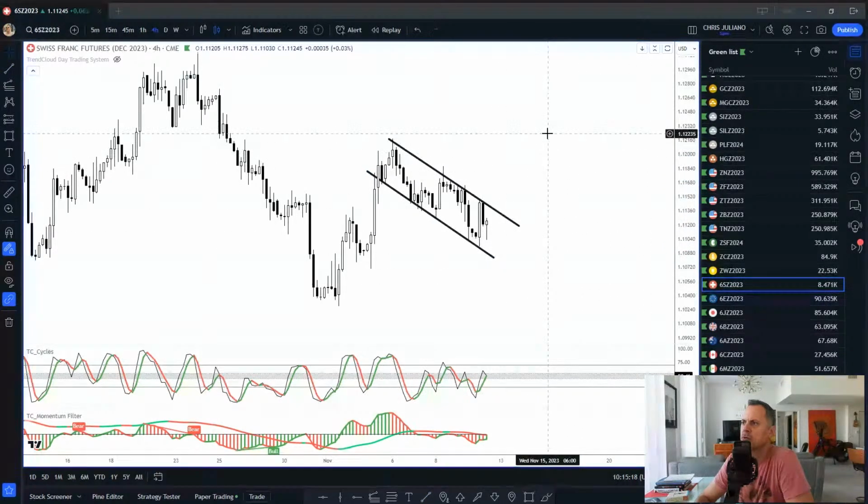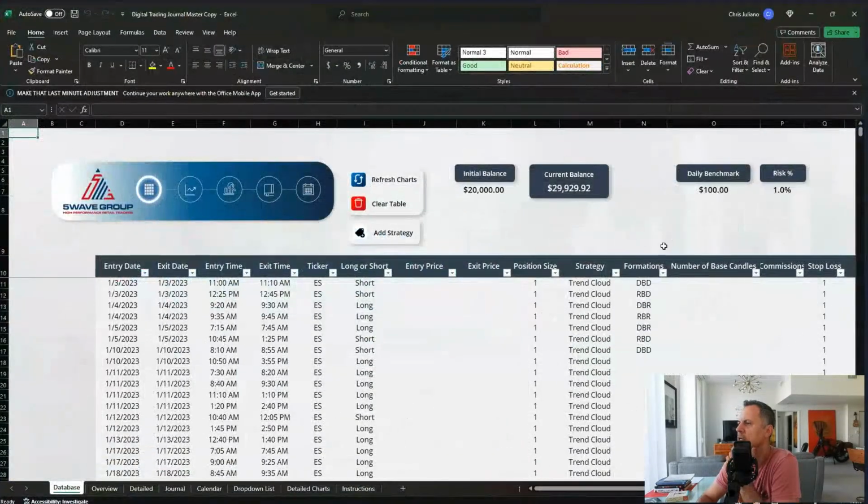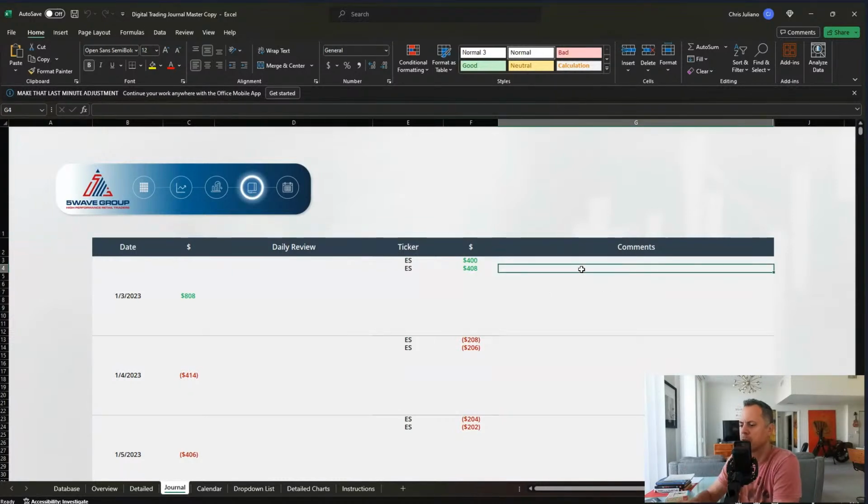You can make a note in your trading journal, right? Make a note in that trading journal, Swiss franc. Go into your trading journal, go over here to your note section, right? And you type in Swiss franc, classical charting, Swiss franc channel.